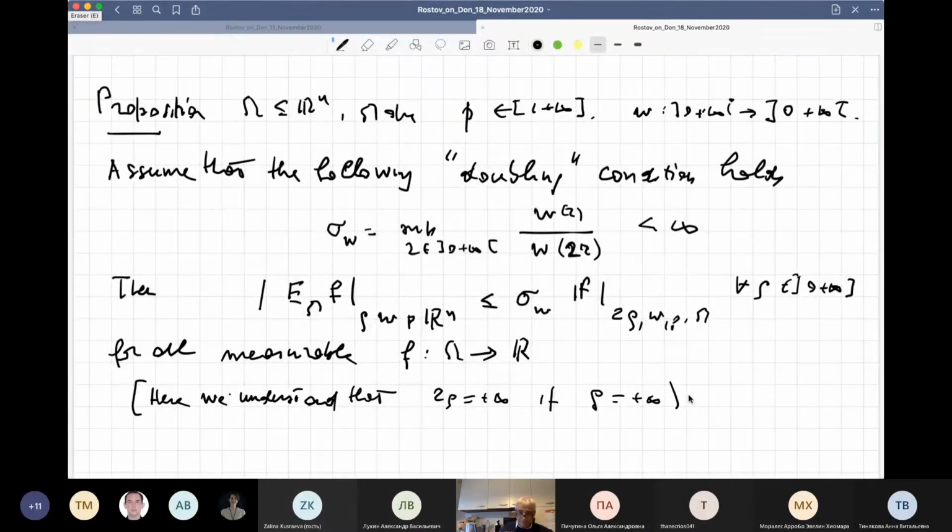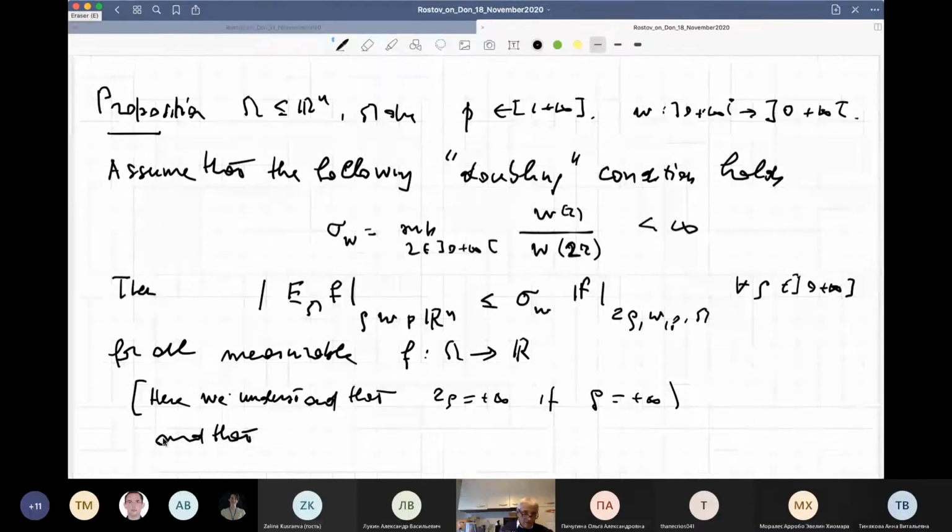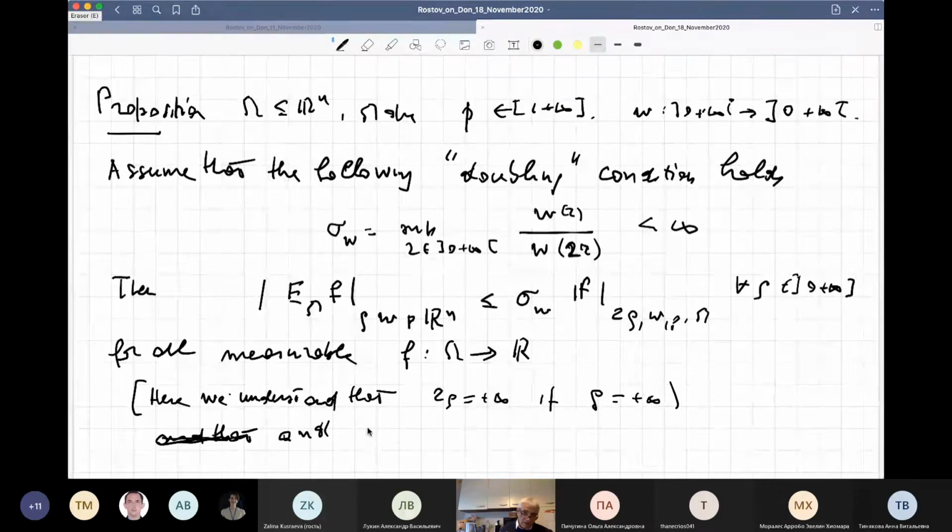And this you already know, but the right-hand side, you see, you have the number sigma W multiplied by this modulus.